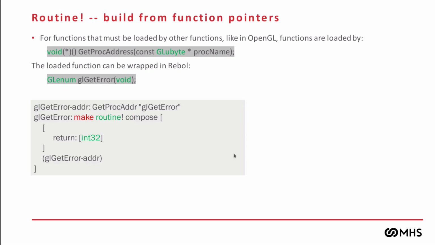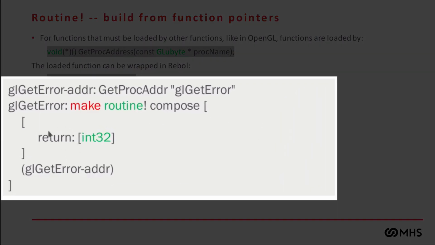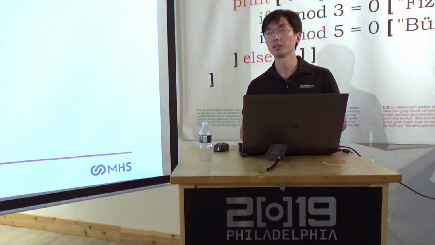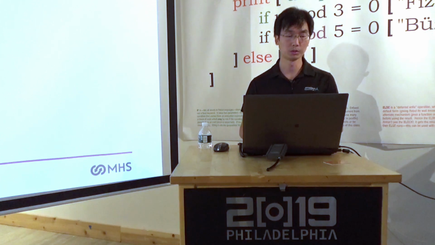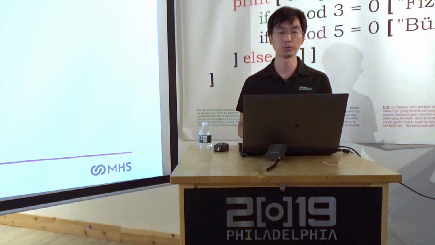To grab this kind of function, this part is the same as other routines. It's only this part. If you remember what I showed in the previous slide, it was library, then the function name. Here you have only one entry, which is the address to the function.